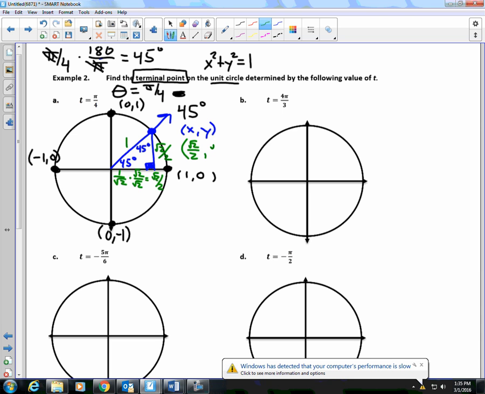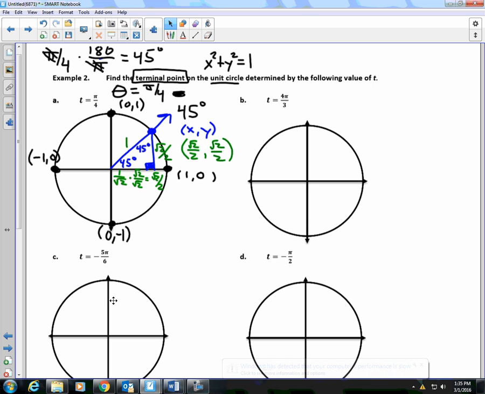Square root of 2 over 2. So what that means is if I have a theta value of pi over 4, it has a terminal point of root 2 over 2 and root 2 over 2. Okay? Kind of tricky, huh? We need to see another example. So let's do another example.